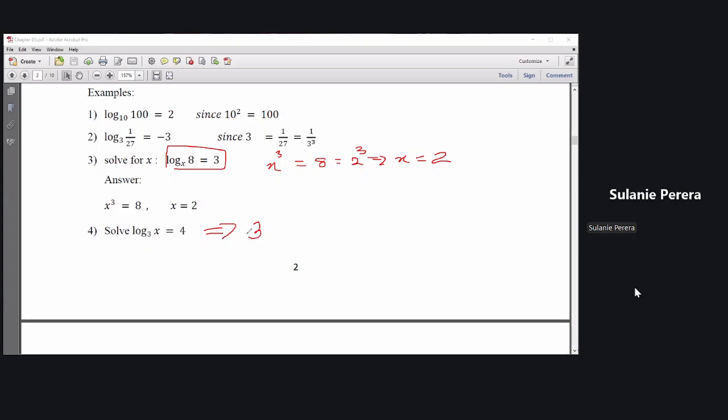X to the power 4 equals 81. Okay? Is this okay? Any questions?